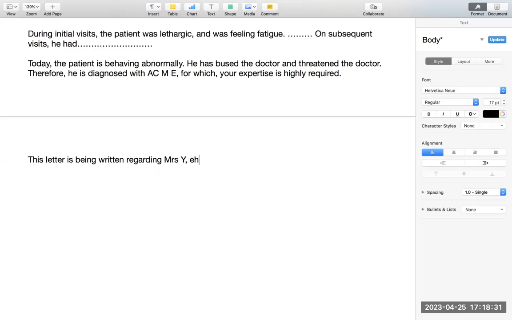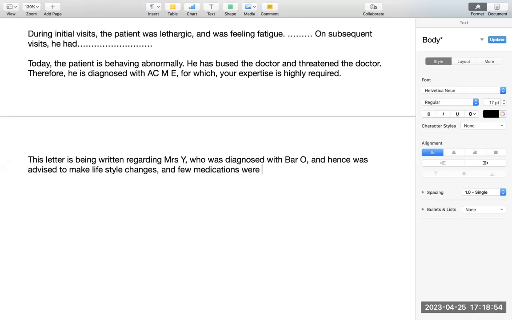Mrs. Y, who was diagnosed with Barrett's esophagus and hence was advised to make lifestyle changes, and few medications were prescribed. Again, such a simple thing.